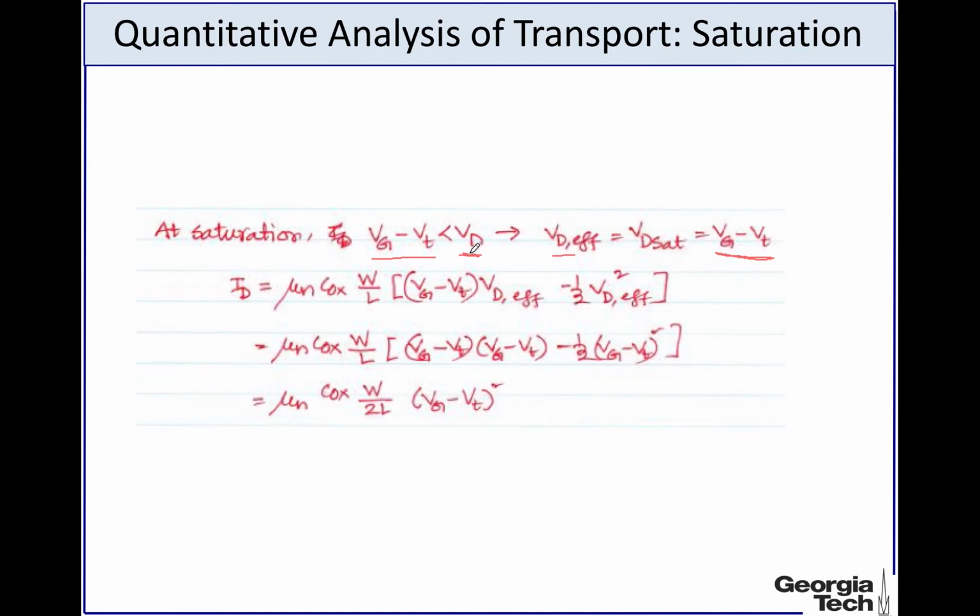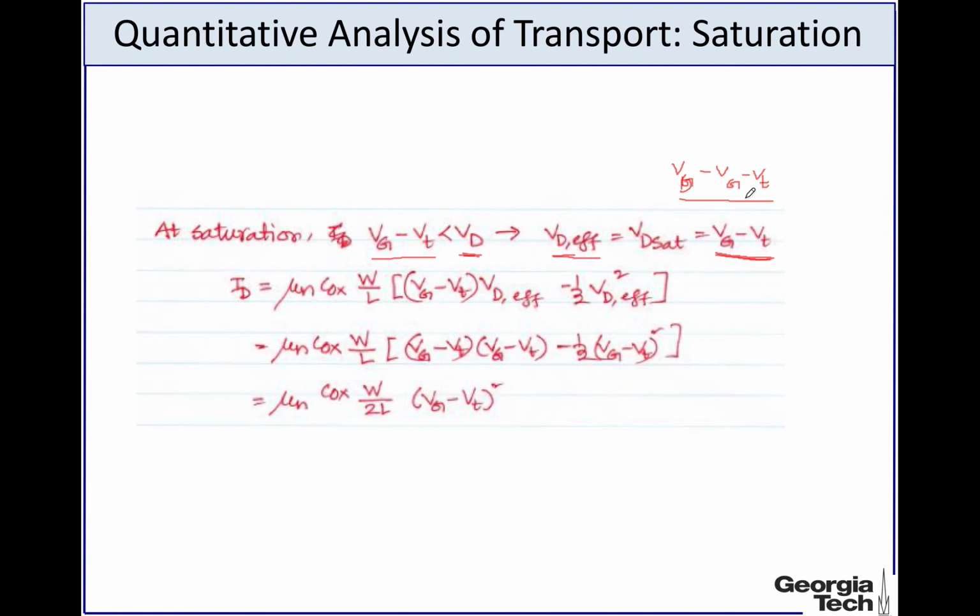So again, your Vd keeps on increasing above Vg minus Vt, but the effective voltage at the drain end of the channel remains constant at Vg minus Vt. The amount of voltage Vd minus (Vg minus Vt) drops across a very small region near the drain end where there are no inversion carriers, and as a result that voltage does not contribute towards increasing the drain current anymore, although you are increasing the drain voltage.